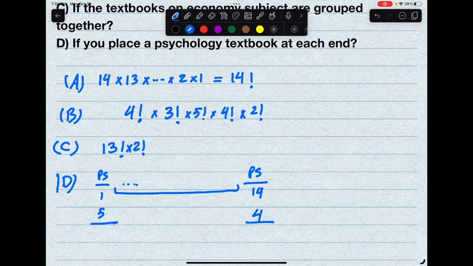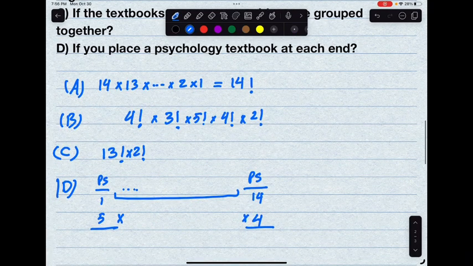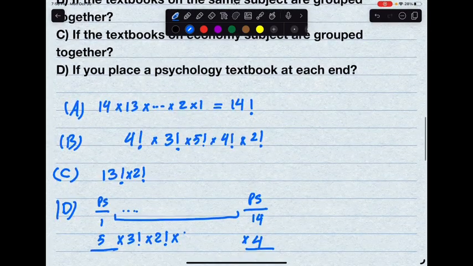So here what we have is just 5, and then they must be multiplied by what? Then what about the other ones? It's like we have linear algebra, 3 books, so it's multiplied by 3 factorial times 2 remaining psychology books times 4 sociology books, 4 factorial.